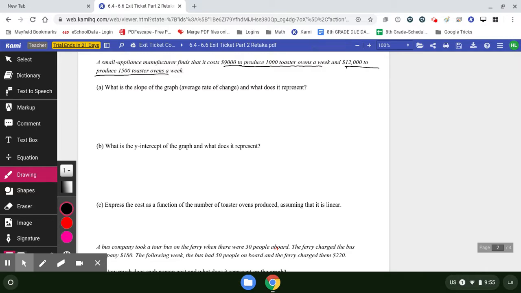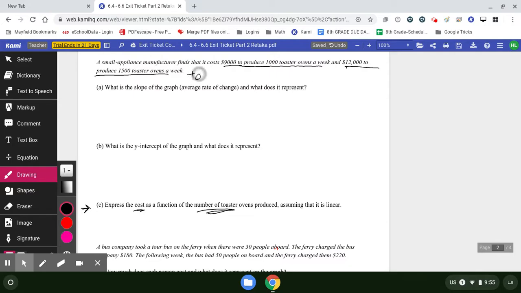All right. Now I'm looking ahead a little bit at C. We're going to end up expressing this as a cost. How much does it cost for a number of toasters? So I do have 2 points. But what is changing? My toaster ovens are changing. Okay.